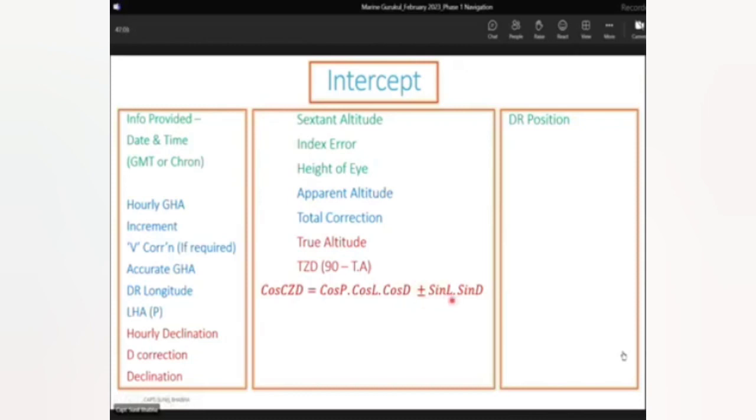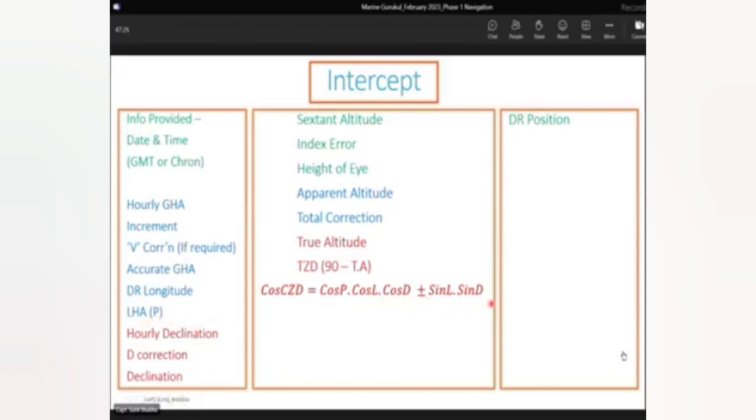So latitude again is known to us, the DR position is available in the question. The declination has been obtained from the almanac. So you see the right hand side, all the terms are available to us. P is known, we calculated P from LHA. Latitude is known, declination is known.